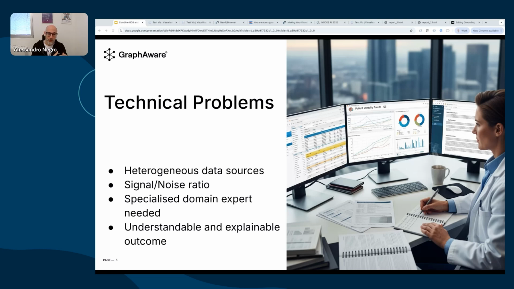Moreover, converting these insights into concrete actions often requires multiple specialized experts, human experts here, to reveal complex patterns. And in the end, the outcome must be understandable and explainable, because often it involves people's lives, so we need to be careful. It looks familiar, right? And also very complex. But with graphs and LLMs, it won't be.